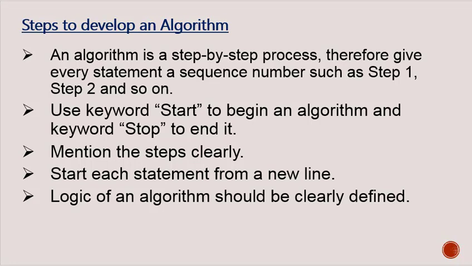We have to mention each and every step clearly. The start of each statement will be from a new line, and the most important thing is that the logic of the algorithm should be clearly defined.